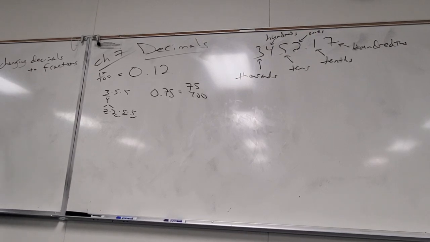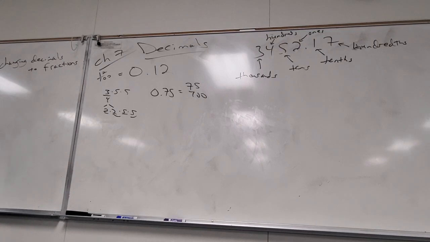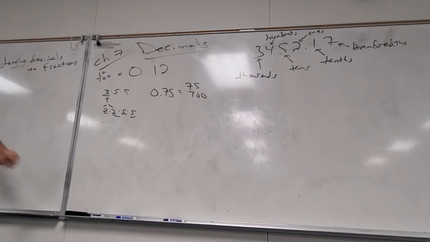All right, let me stop right there for a minute. So, if the bottom has any number that is not a 2 or a 5, and it's already reduced, it's screwed. It can't become a terminating decimal. Let me say this again.